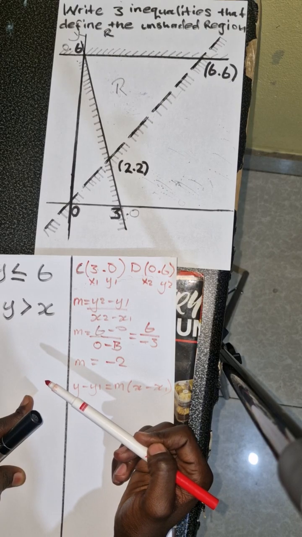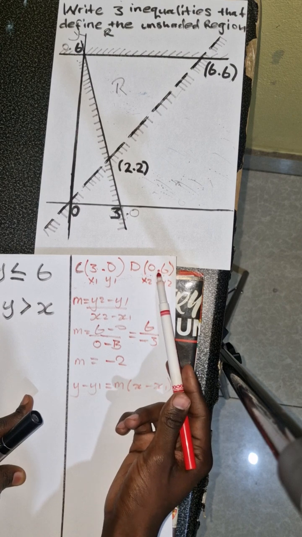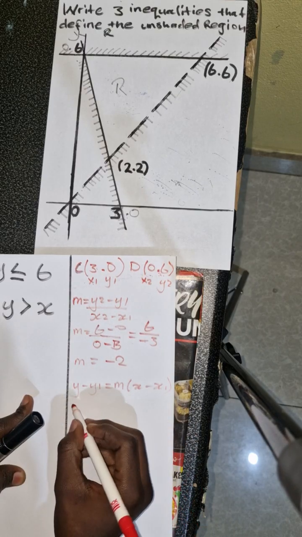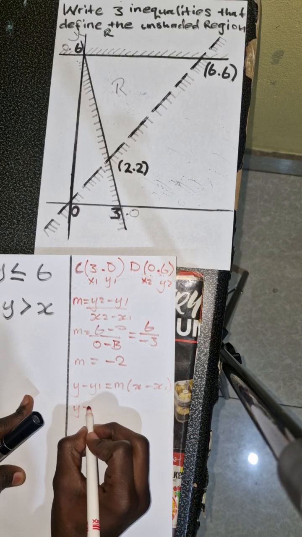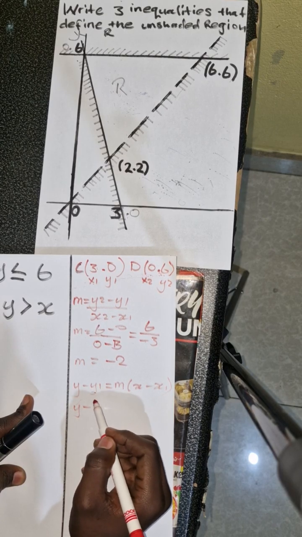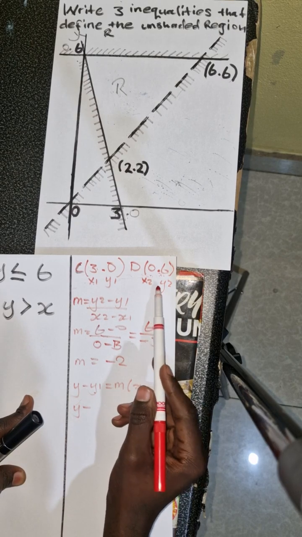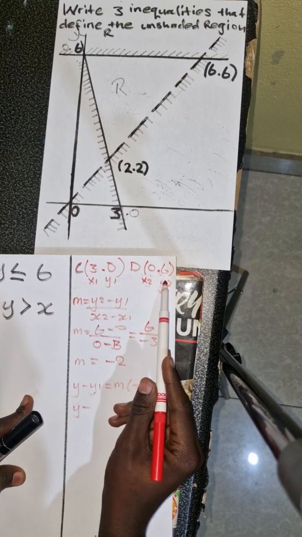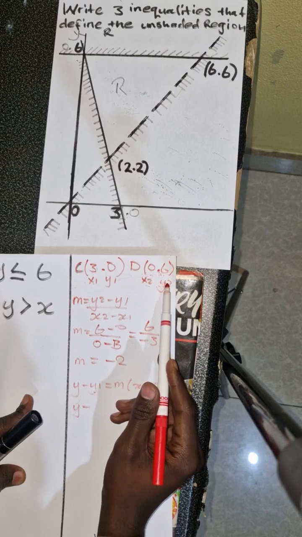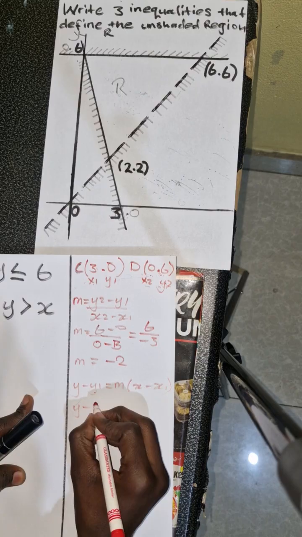I think I'll use this other coordinate, D here. So y1, what is my y1? My y2 here is giving me a 6. So I'm going to write 6 here.